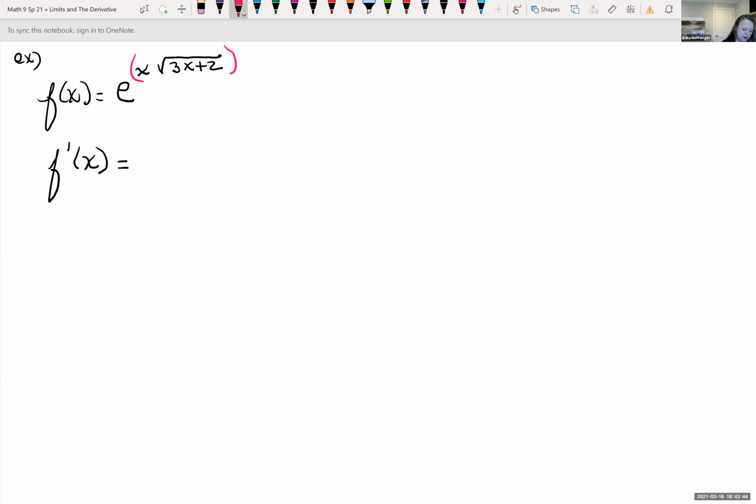So let's write that we're going to take the derivative of the exponent, d dx of x times, I noticed that when we have that square root, we have to rewrite our radicals without the radical and with exponents. So this square root of 3x plus 2 is the same thing as parentheses 3x plus 2 all raised to the 1/2 power.